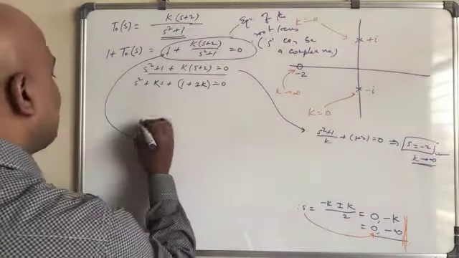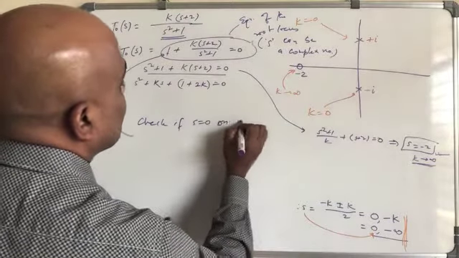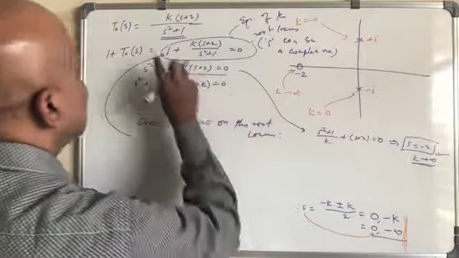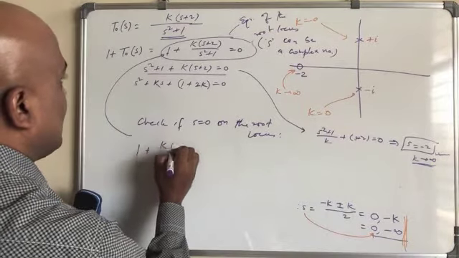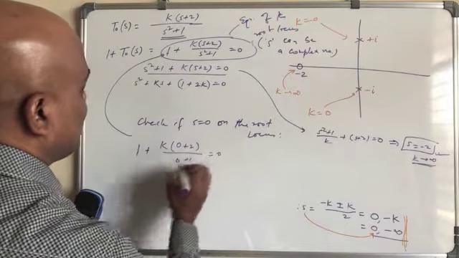So check if s equal to 0 is on the root locus. How do we do it? Put s equal to 0 there. So we put 1 plus k times 0 plus 2 divided by 0 plus 1 equal to 0.